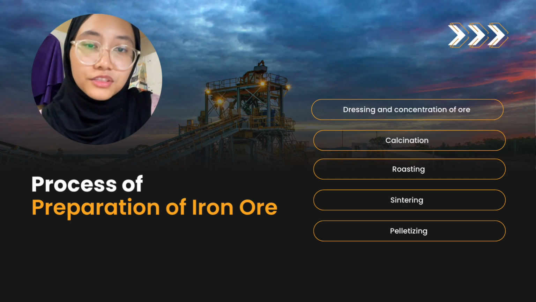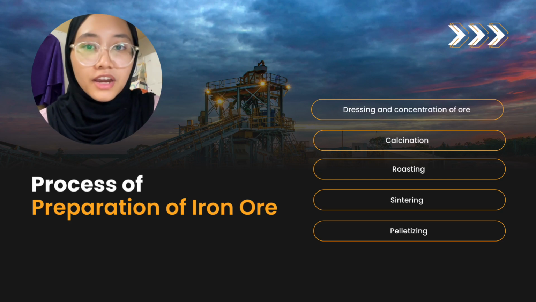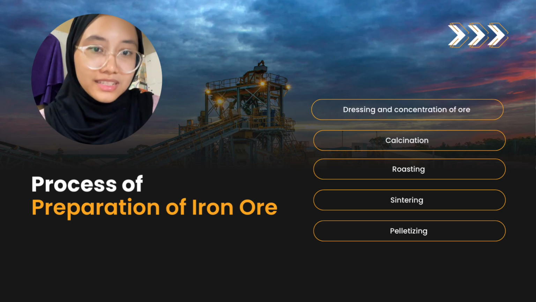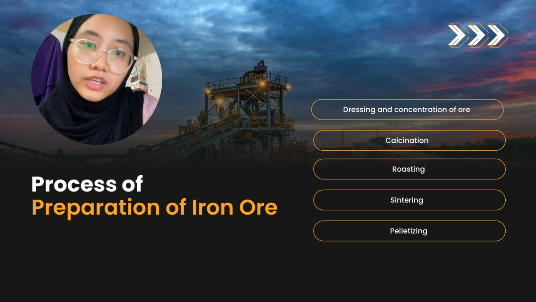After that, sintering fuses fine ore particles into a porous solid that allows air to pass easily in the furnace. Finally, pelletizing forms the ore into small pellets, improving strength and making it suitable for blast furnace use.